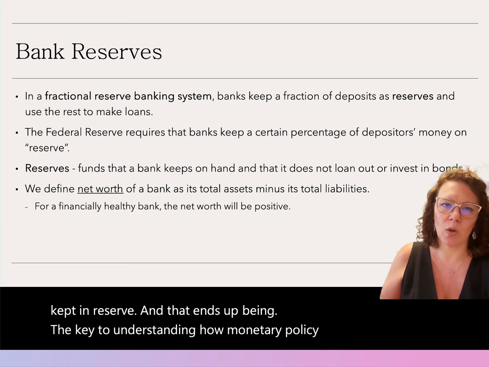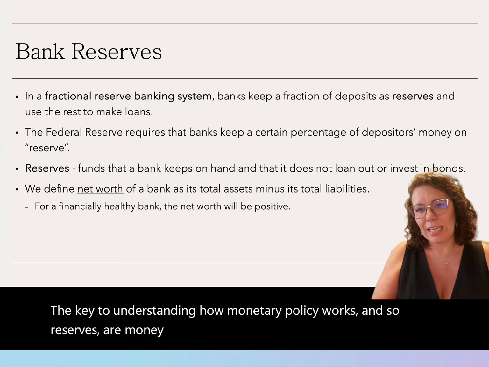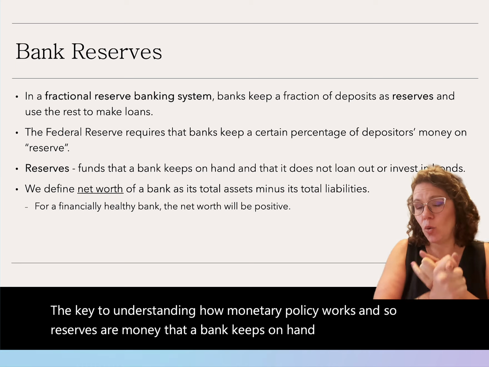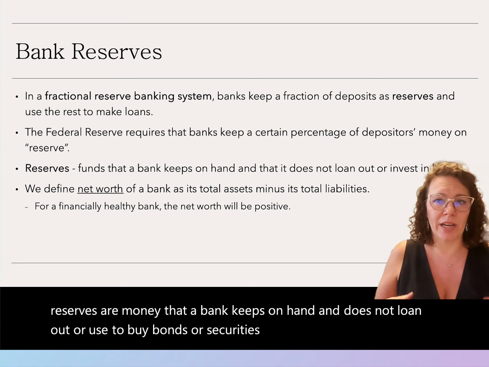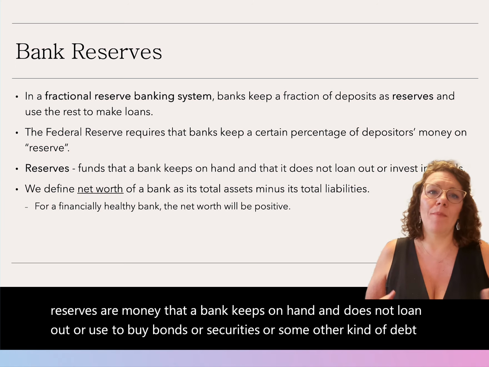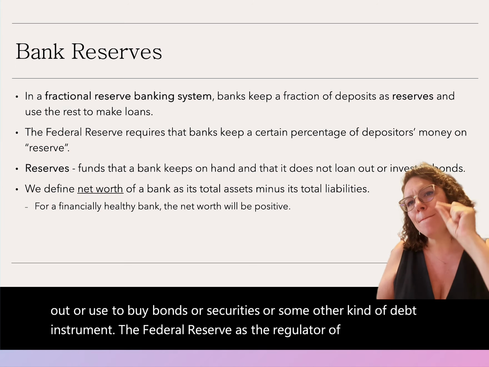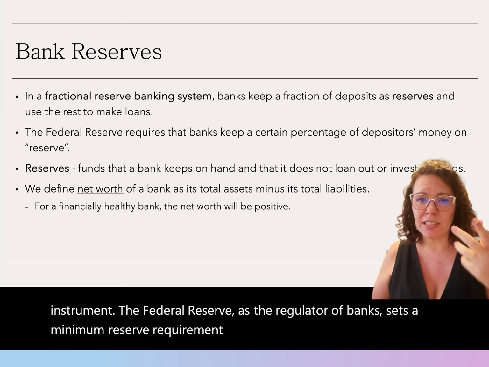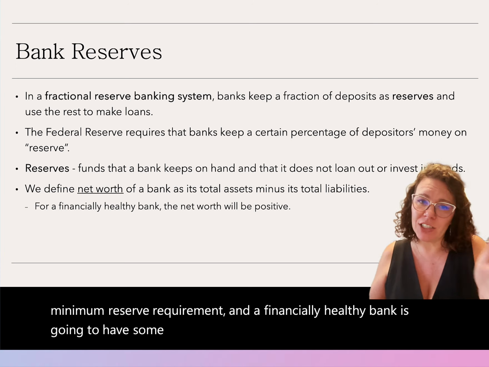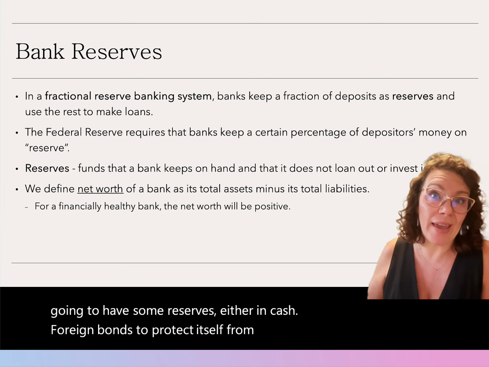And so reserves are money that a bank keeps on hand and does not loan out or use to buy bonds or securities or some other kind of debt instrument. The Federal Reserve, as the regulator of banks, sets a minimum reserve requirement. And a financially healthy bank is going to have some reserves, either in cash or in bonds, to protect itself from potential loss, people not paying their loans back.